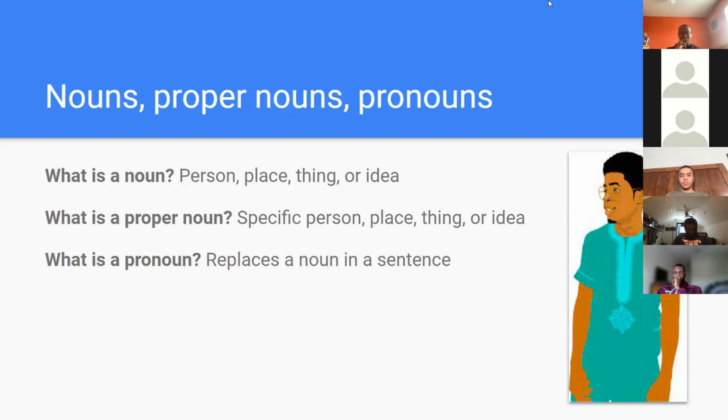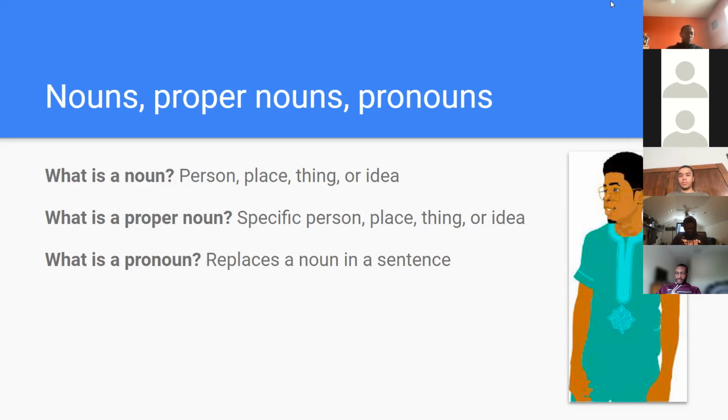So what is a proper noun? A proper noun is a specific person, place, thing, or idea. So a specific person. Instead of me saying the student, now I'm saying Kobe. I'm talking about a specific person, a specific place. Instead of the building, it's now the Empire State Building, right? I'm specifically talking about a certain place, a thing.